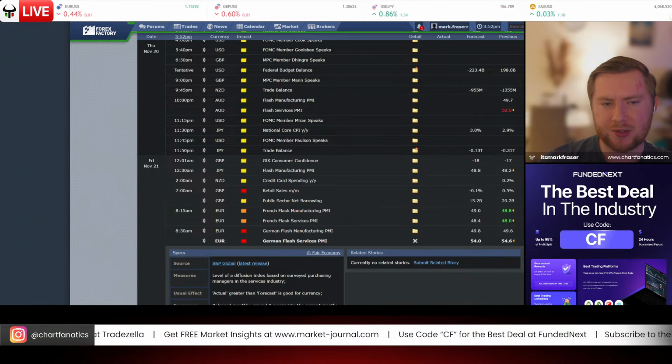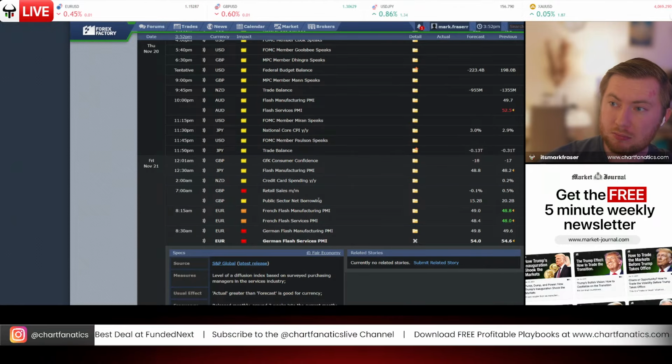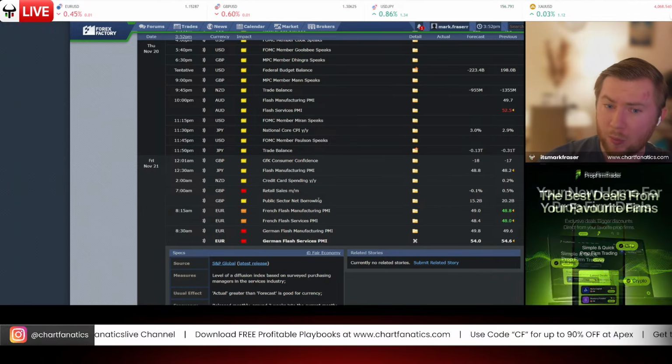In PMI, there are subsections that tell us what prices have done and what employment has done. That will give us good guidance on a potential future for the central bank. PMI is a forward-looking indicator, remember. So it gives us an idea of what could happen in the future, not necessarily what will.